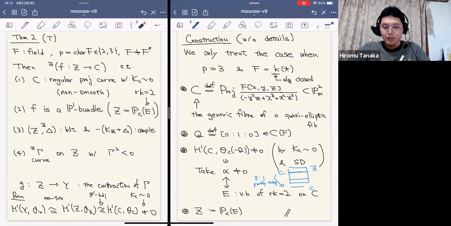So this is actually crucial in the construction. If we just retake split zero element, then C minus is just a usual section, then it does not produce anything interesting.